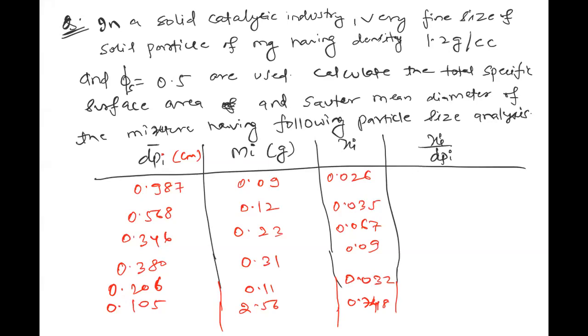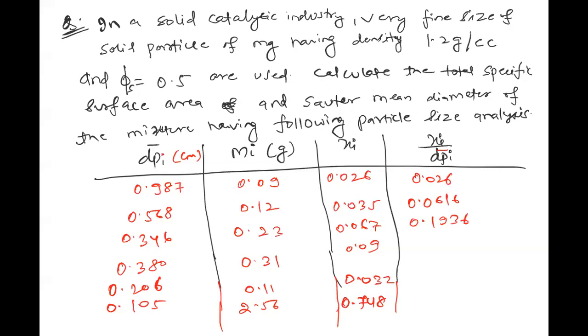Yes, it is 0.748. If you find it, you will get the corresponding value xi by dpi bar, and it is 0.026, 0.0616, and 0.1936.